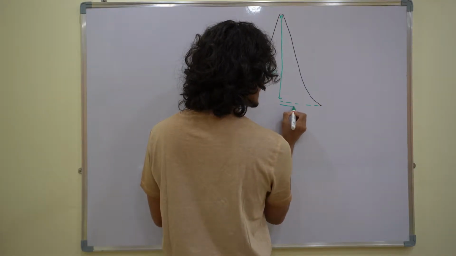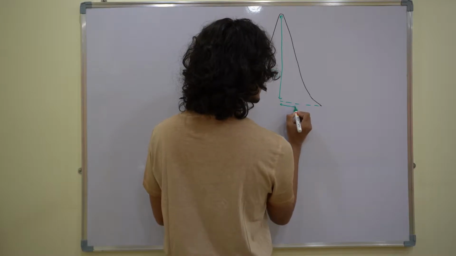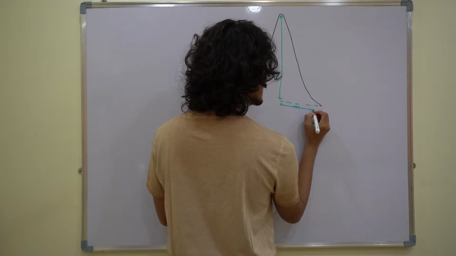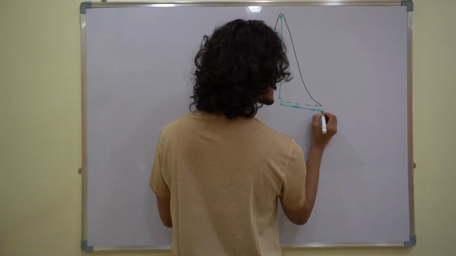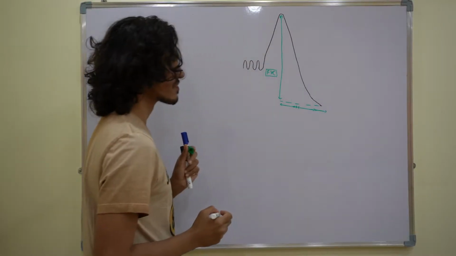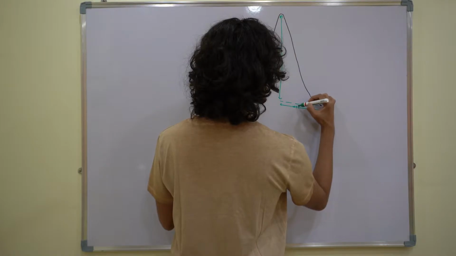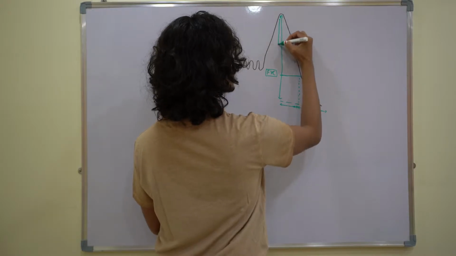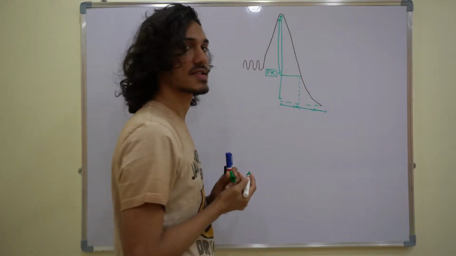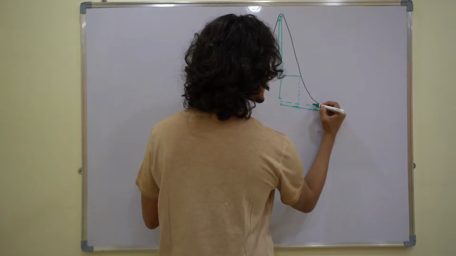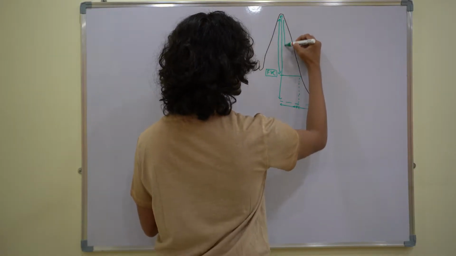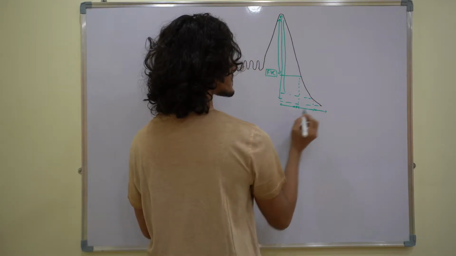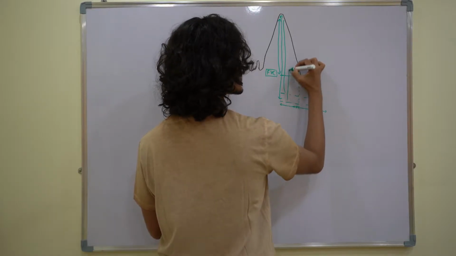If we take this as, say, 1 second, this as the second second, and this as the third second, then by the end of the first second, this much of the volume is gone. By the end of the second second, around this much of the volume is gone. By the end of the third second, again, this much of the volume is gone.